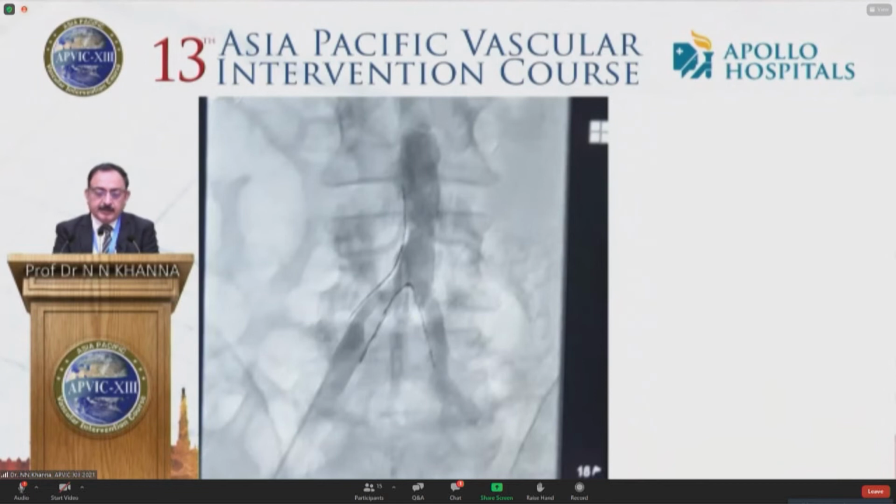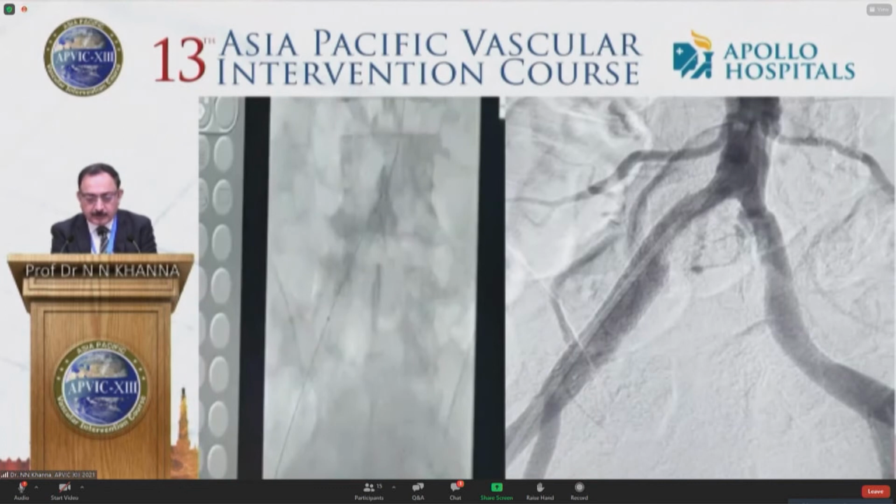And when we did the angio, he had a very badly calcified aorta, and especially the iliac arteries, and we had to then resort to dilating this lesion and putting in a balloon pump, but this lesion was not giving way on high pressure balloon dilatation. So what we did was we got this IVL catheter.